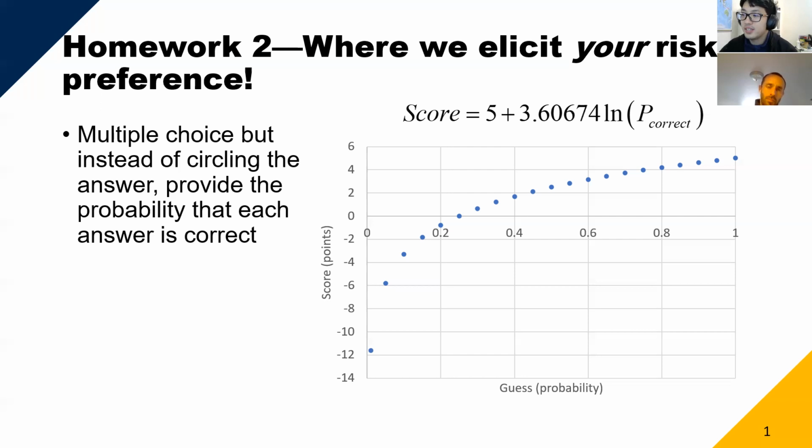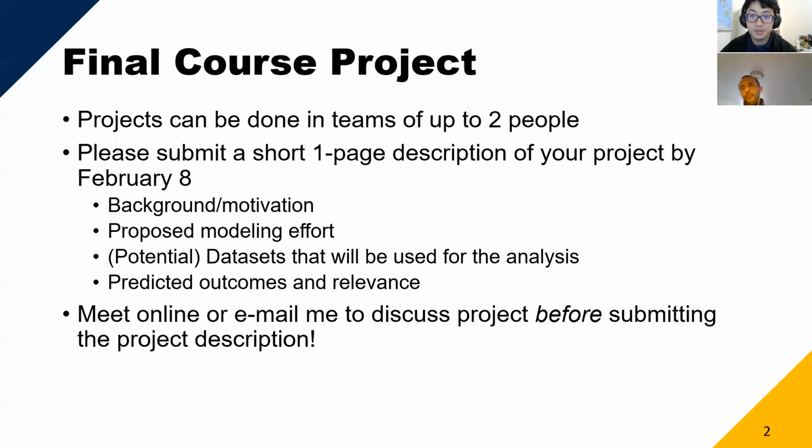The other assignment is that we need to start thinking about final course projects. Projects can be done in teams of up to 2 people if folks want to partner up. We're going to start with a project proposal. This is just a short, like 1-page description of your project by February 8th.